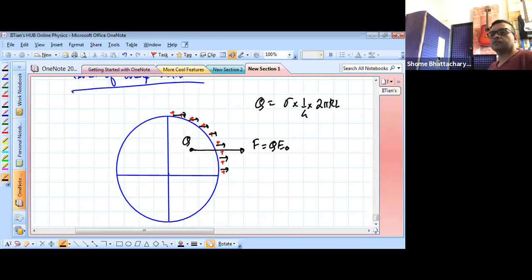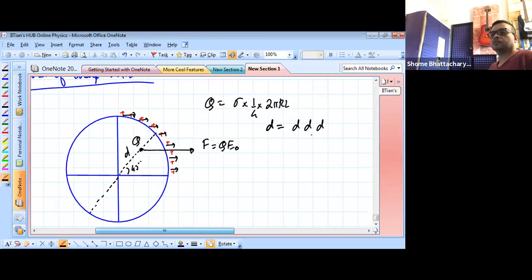And by symmetry, this will be along the 45-degree angle, where this distance d will be how much? Use that formula for center of mass. So d will be, oops, just a minute, my software is again hanging.